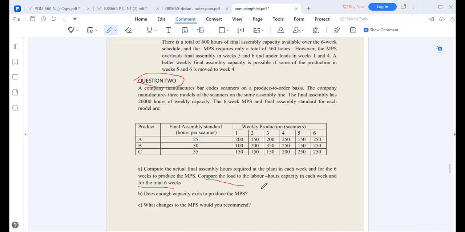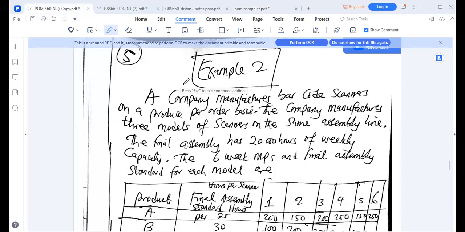When you're comparing the loading of hours and capacity, it's called rough cut capacity planning.